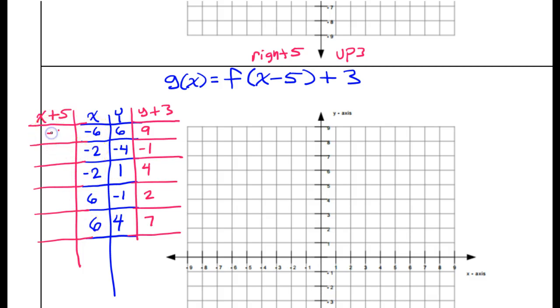So this will become negative 1, and 3 again, and 11, and 11 again. So now that I have these new y values and the new x values, I can throw out the old x values and y values. So I will be plotting these points.